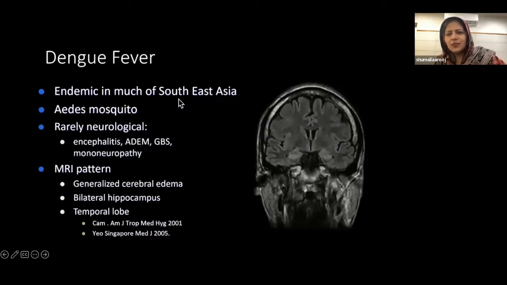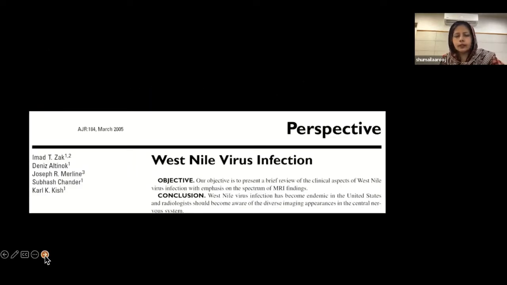This was a case of dengue fever, and this patient presented to us with altered level of consciousness, and there was bilateral symmetrical hyperintense signals. I have seen a lot of presentations of dengue in recent months. There was a presentation similar to West Nile virus in which there were bilateral thalamic infarcts. There were areas of encephalitis.